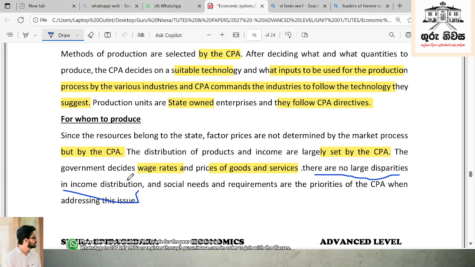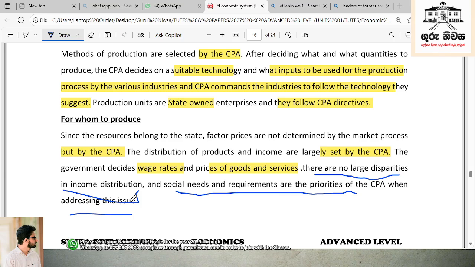Understand? Okay, and social needs and requirements, this point is also very important. Social needs and requirements are prioritized by the CPA when addressing this issue. Social needs, especially education and healthcare, are given the priority. And also this system has a nice plan.